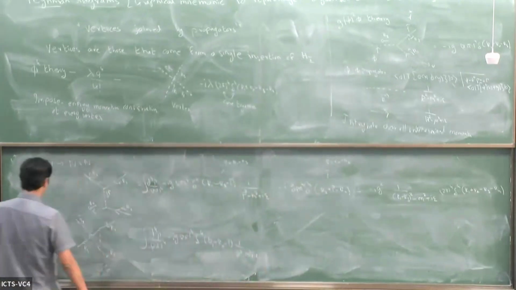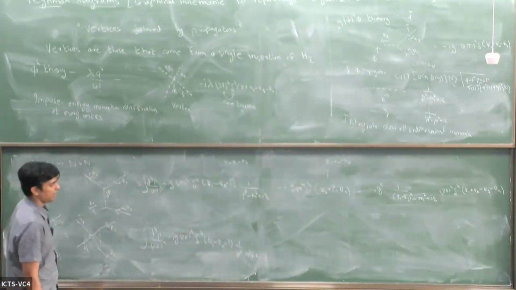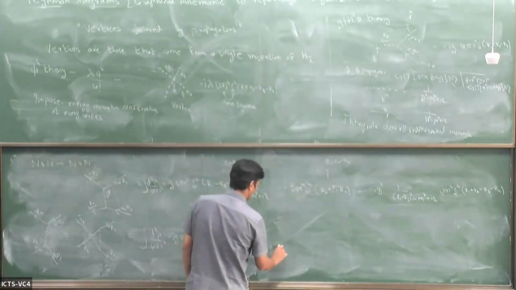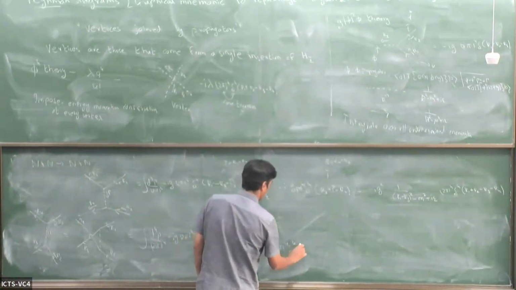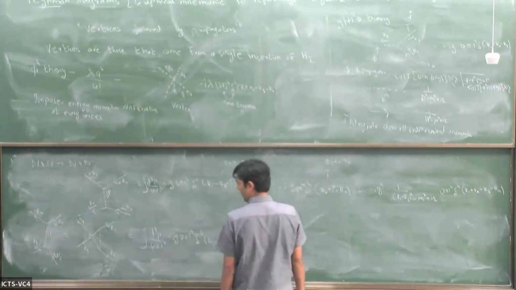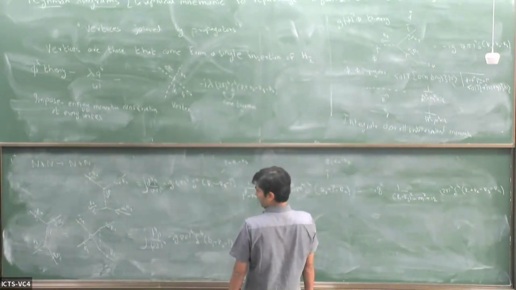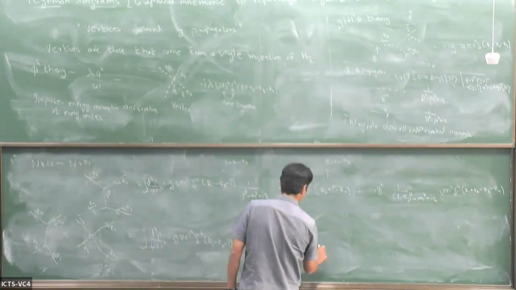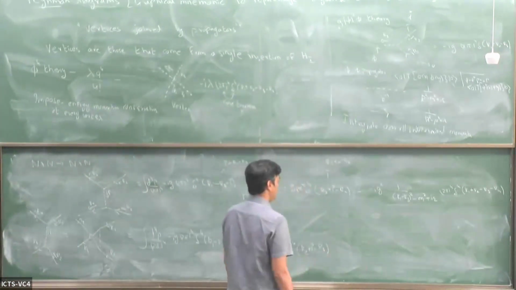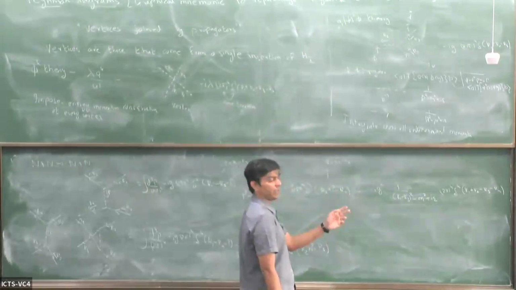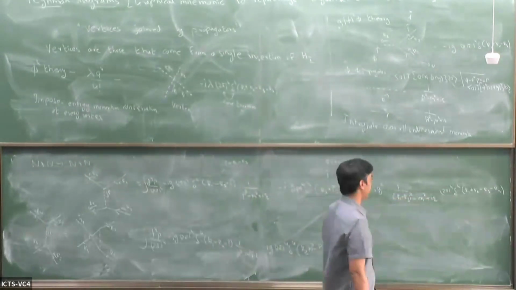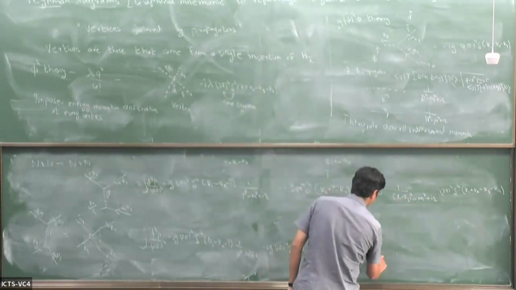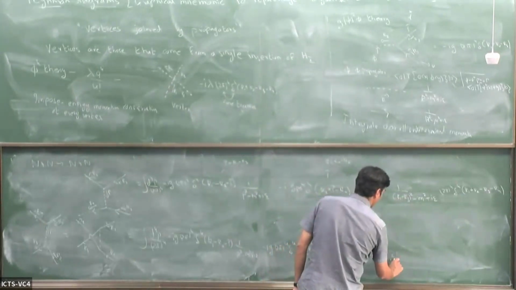Because this vertex has K1, K4 and P. And then we have K2 plus P minus K3. And as previously, this is just interchanging K3 and K4, so it doesn't do anything to this overall delta function. But it does make this K1 minus K4 squared minus M squared.